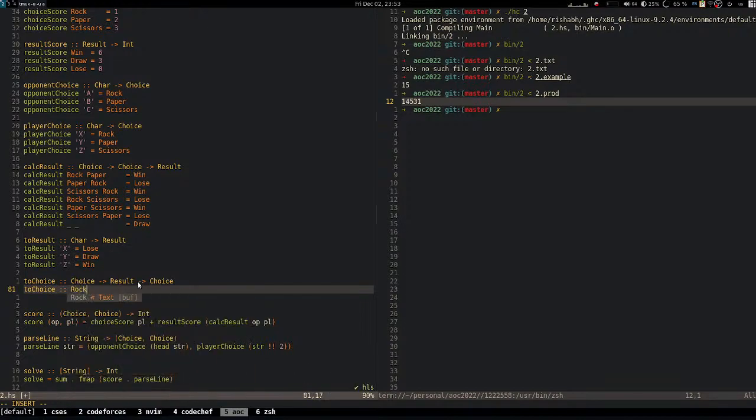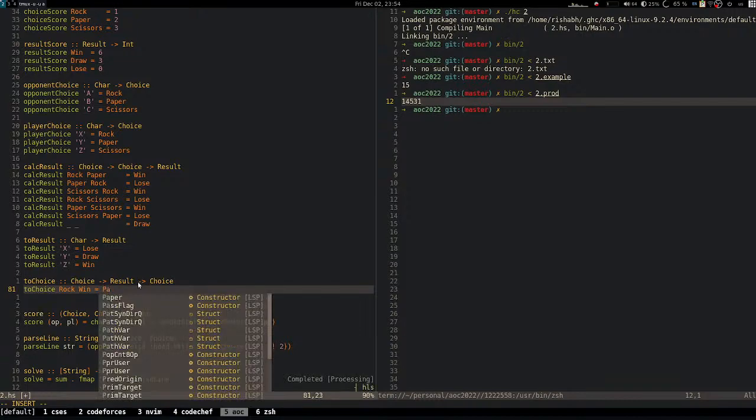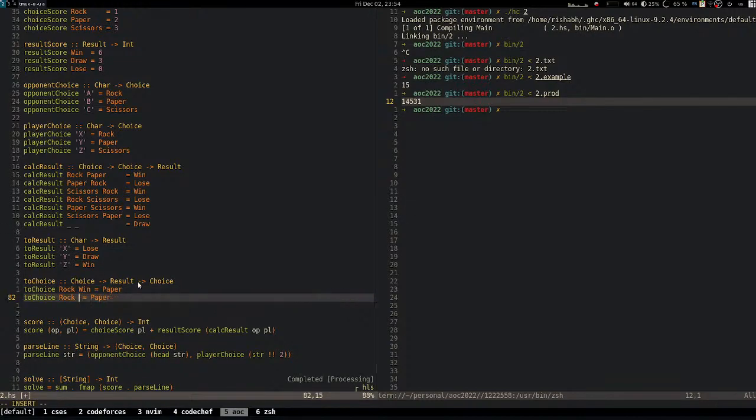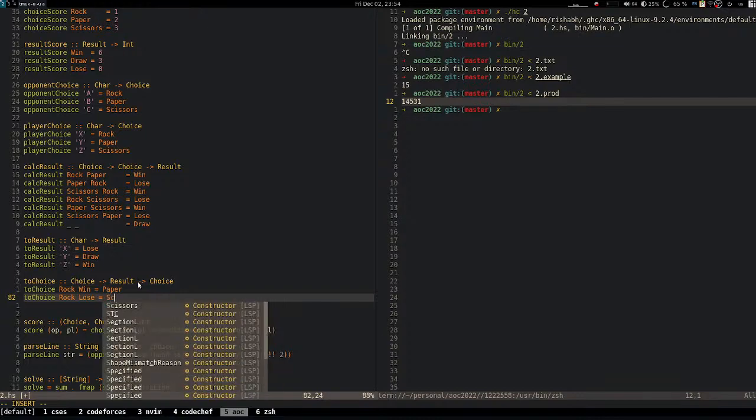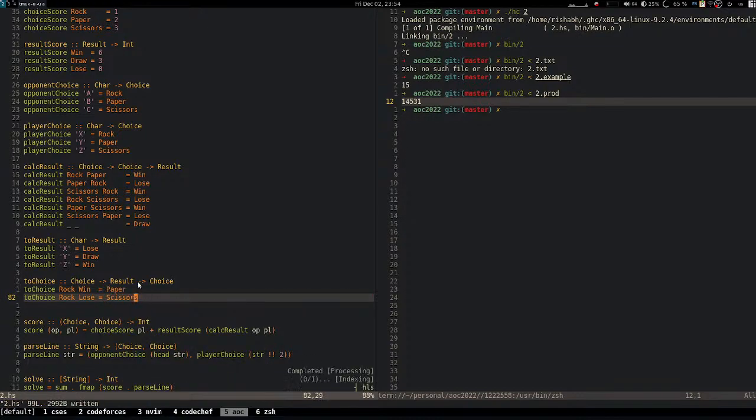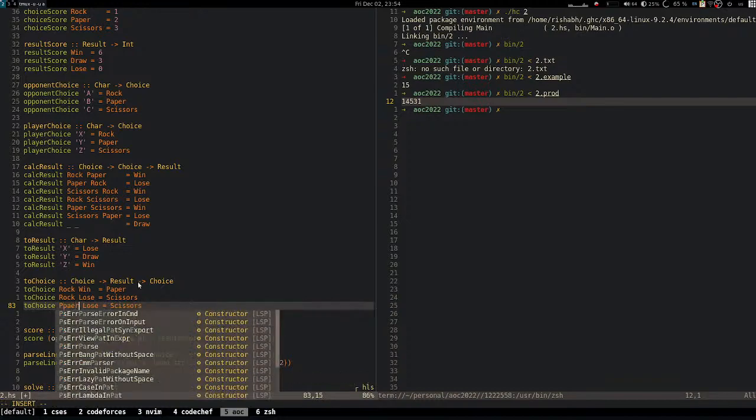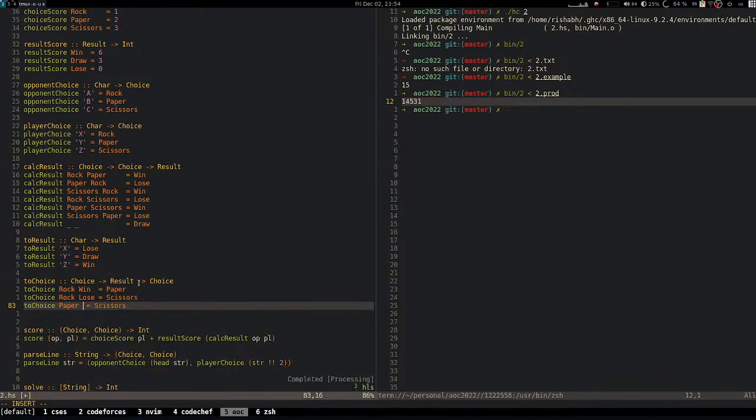When we have rock and we want to win, I would give you paper. Rock and lose: a rock loses to scissors. Paper and win, I need to have scissors again.